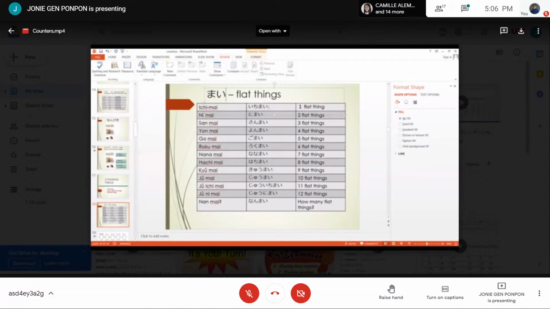But once you pass 10, such as 11, you should know the suffix. That's why we learn the suffixes here in counting things. So for flat objects, the suffix is mai. One flat piece is ichimai.